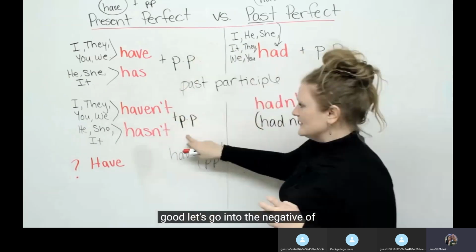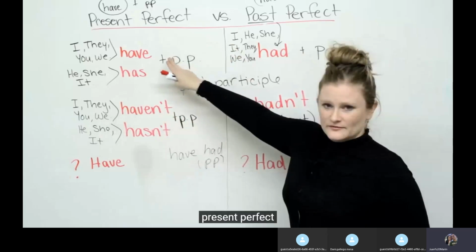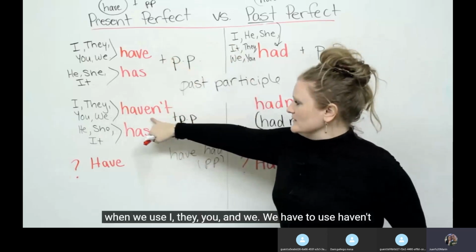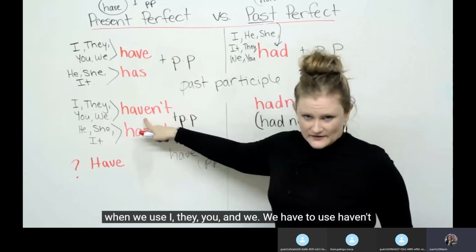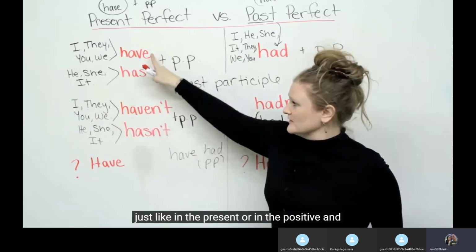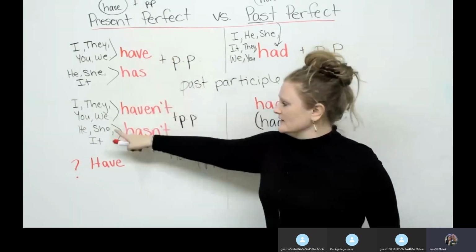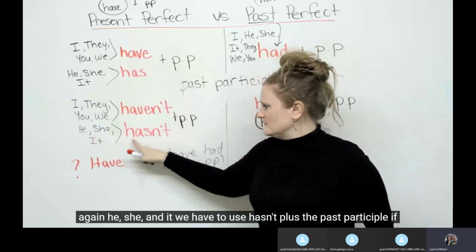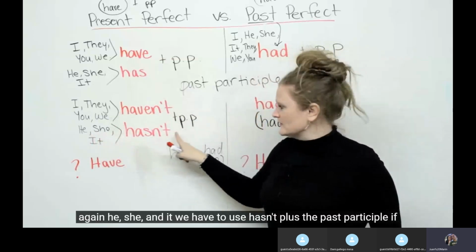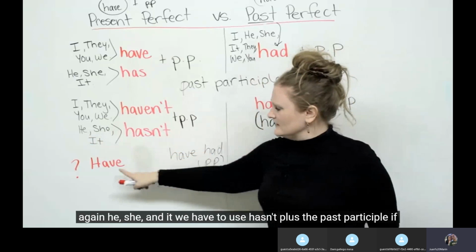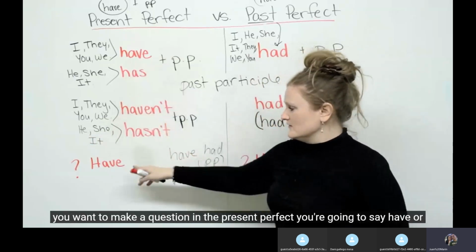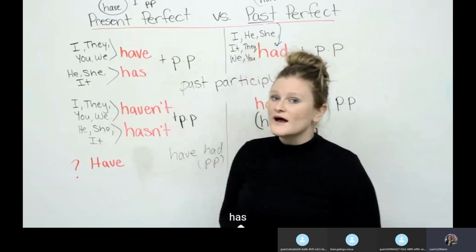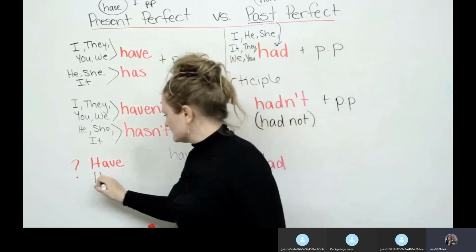Good. Let's go into the negative of present perfect. When we use I, they, you, and we have to use haven't, just like in the positive. And again, he, she, and it, we have to use hasn't plus the past participle. If you want to make a question in the present perfect, you're going to say have or has.